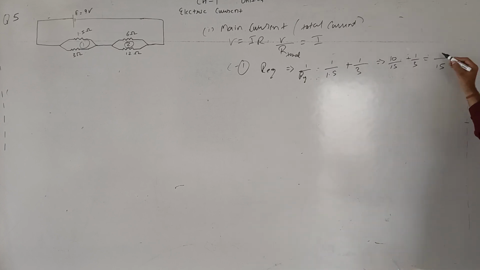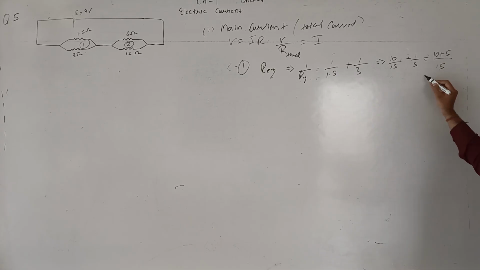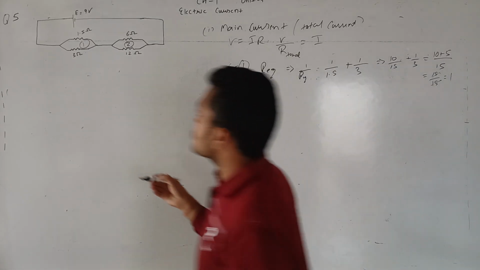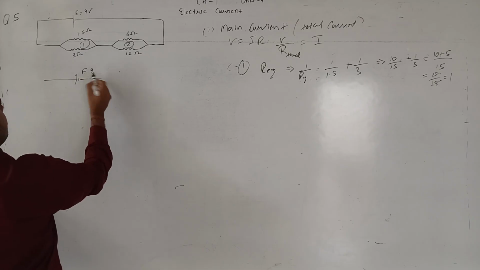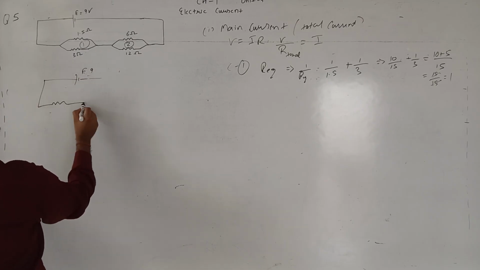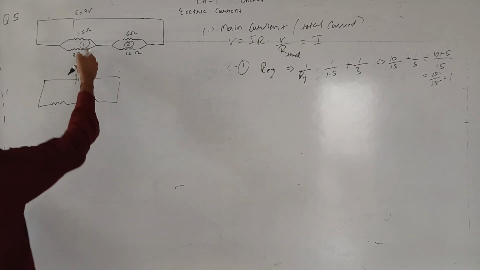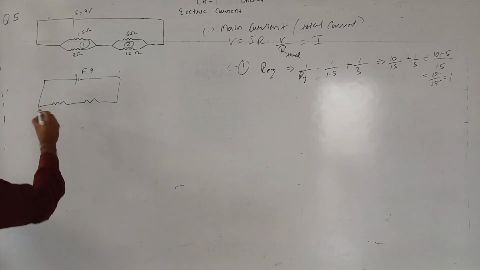So this will be 10 plus 5, 3 fives are 15. So this comes out to be 15 upon 15 is equal to 1. So R equivalent is 1 here. So this is the EMF 9 and R equivalent of first combination is 1 ohm.